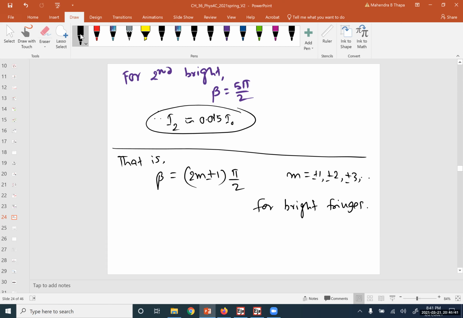Clearly on those spots the intensity will not be the same, but we can say clearly that the intensity I will not be equal to 0 at each spot. Okay, so it will keep going just like this.